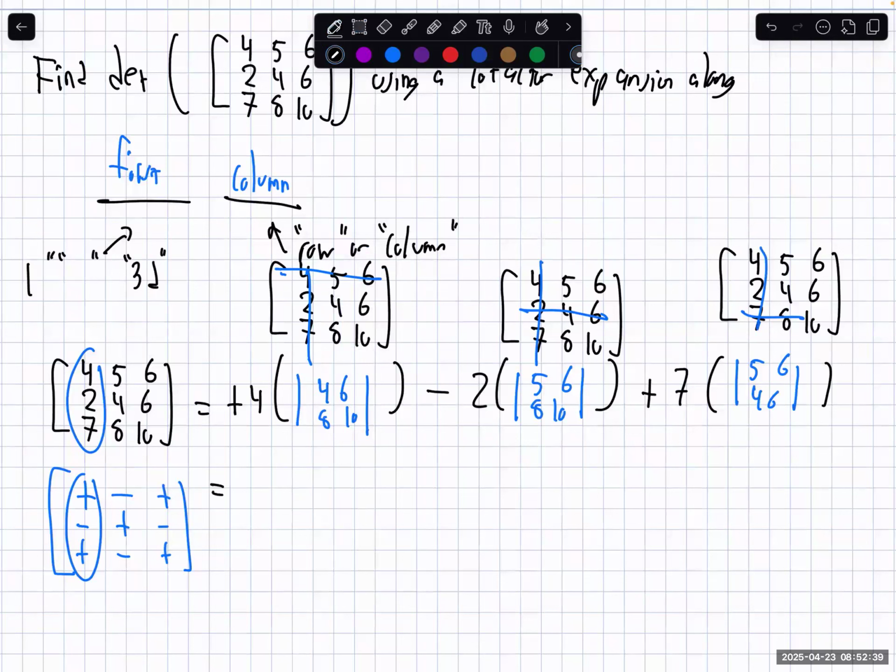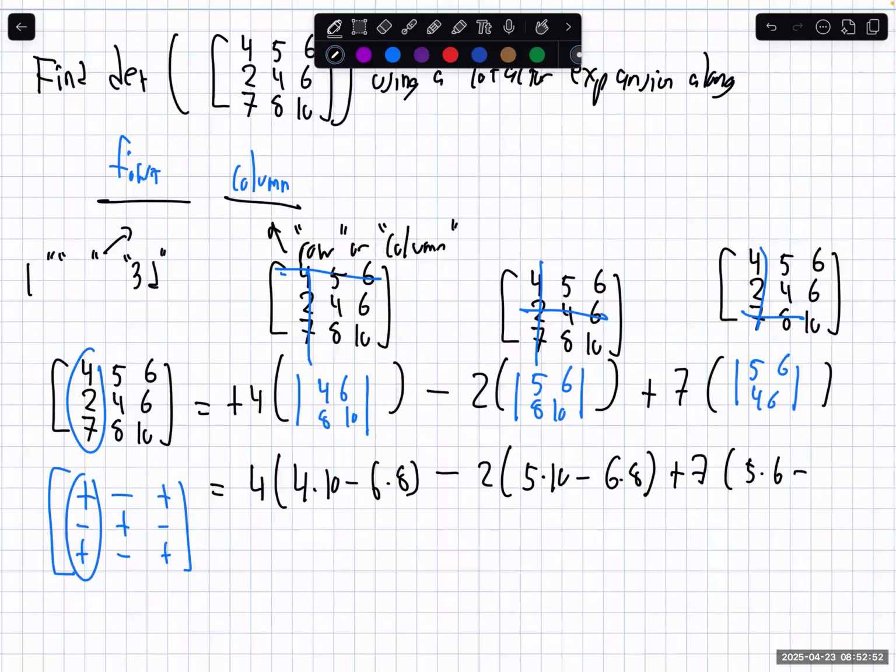Now it's the 2 by 2 determinants: 4 times 10, 6 times 8. And so 40 minus 48 is -8. 50 minus 48 is 2. 30 minus 24 is 16.